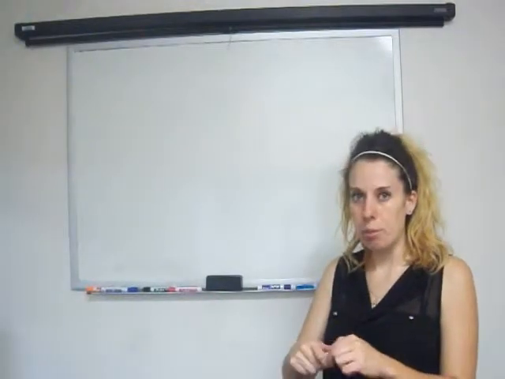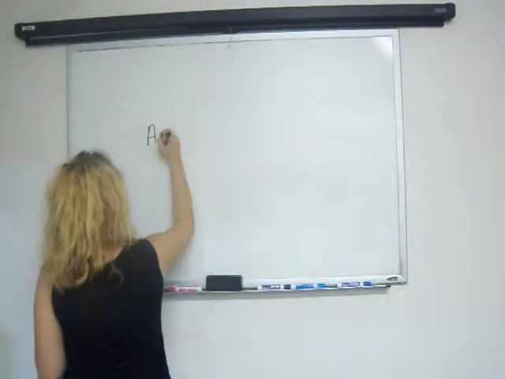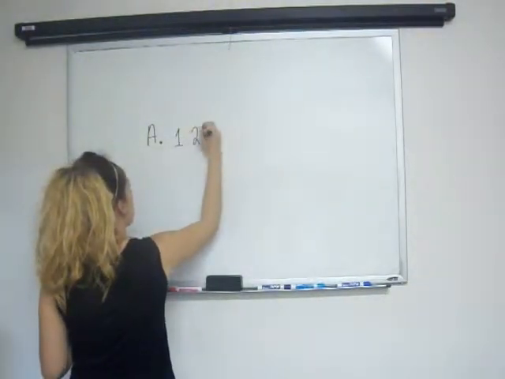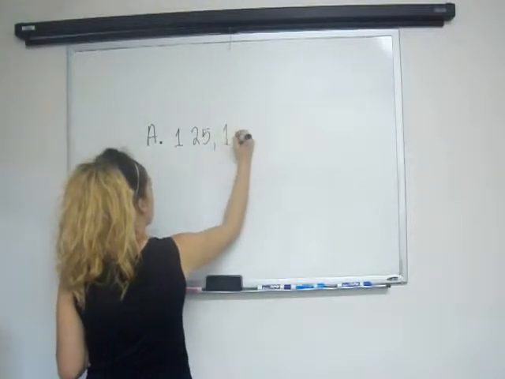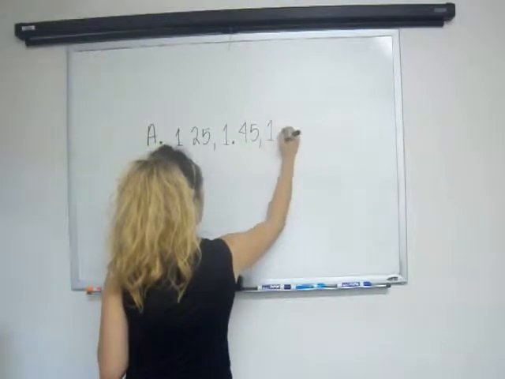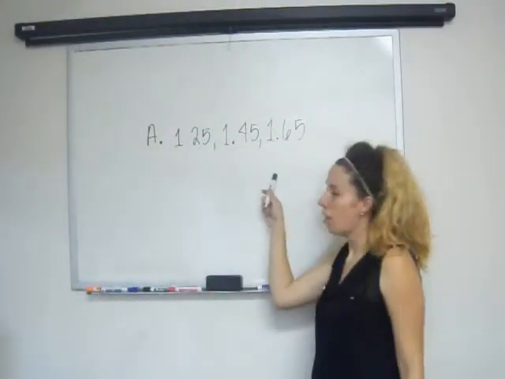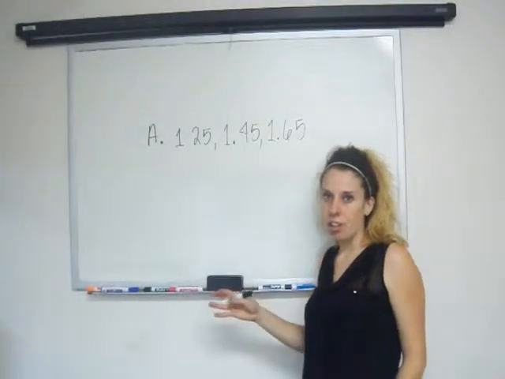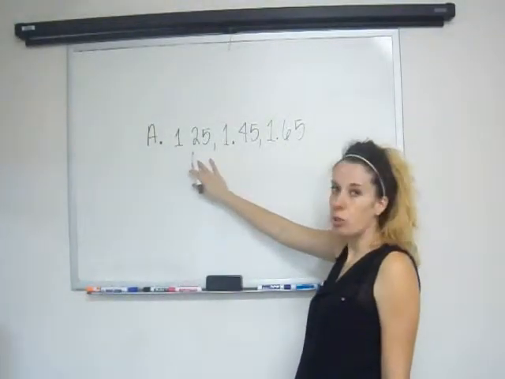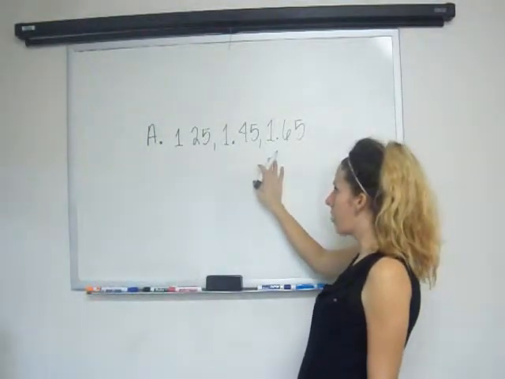Okay, so we'll start with example A. Example A says find the next three terms of the sequence, and it gives us 1.25, 1.45, and 1.65.